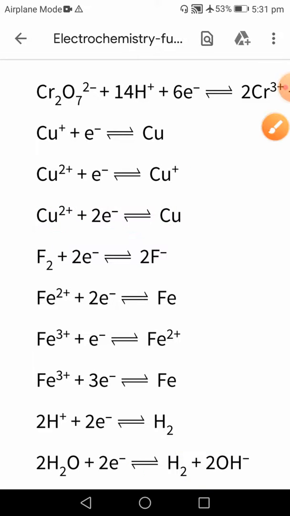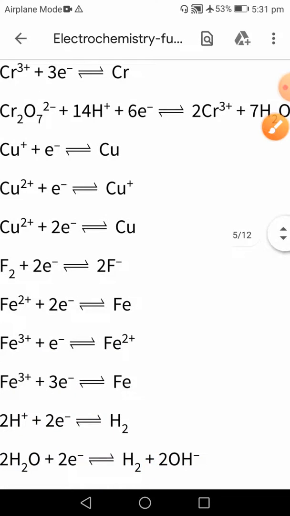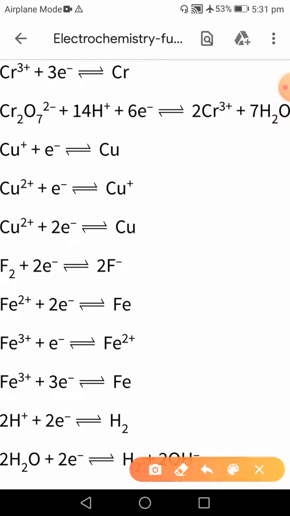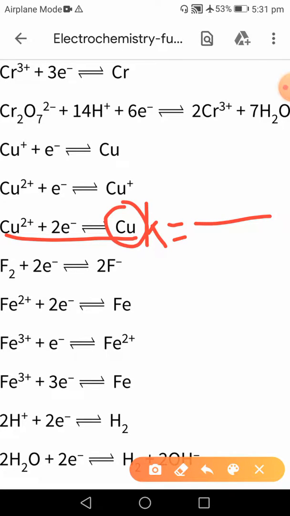So if you want to write the equilibrium constant for this equation, K is equal to, since this is the reduced form but it is solid, 1 divided by the concentration of copper 2 plus.